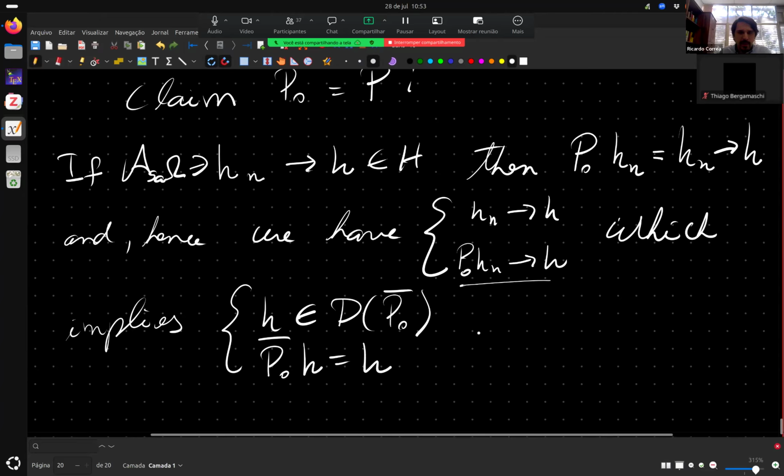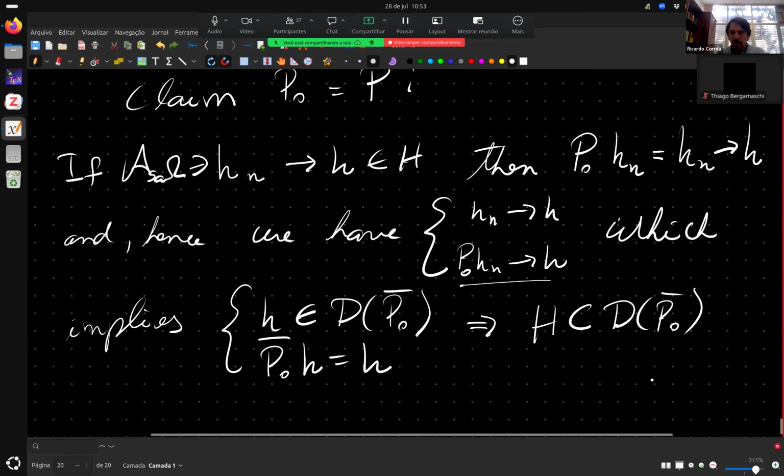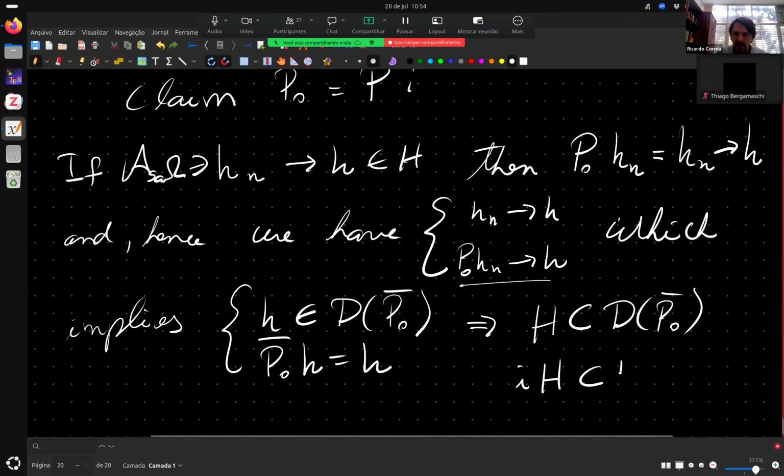So H is contained in the domain of P0 bar. Analogously, you can say that IH is also contained in the domain of P0 bar, by exactly the same argument.